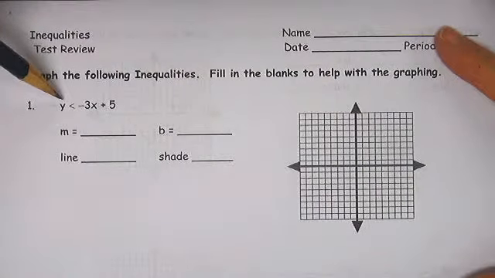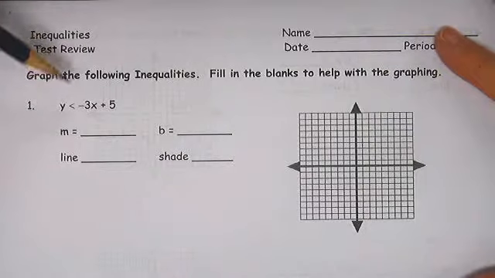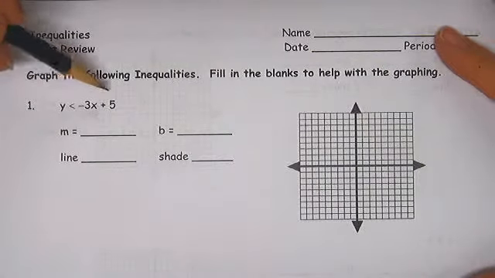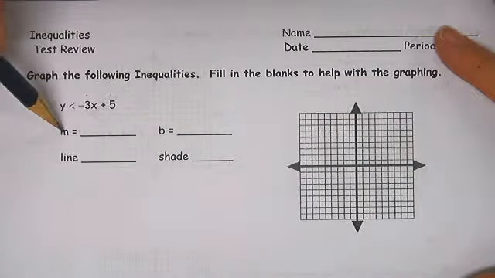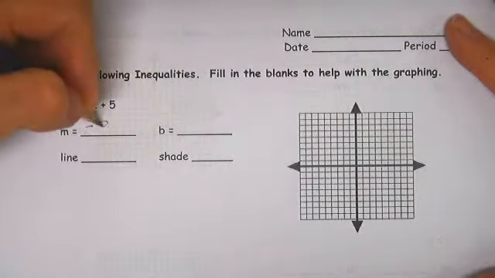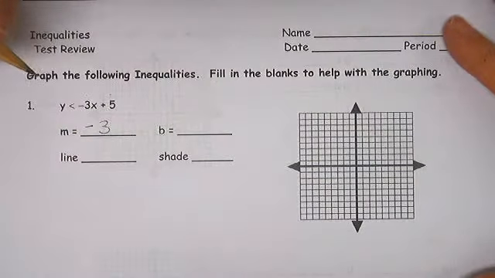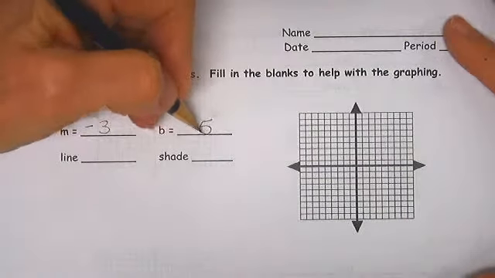That's an equation. What we keep is the slope and the y-intercept. The slope is negative 3. The y-intercept is 5.